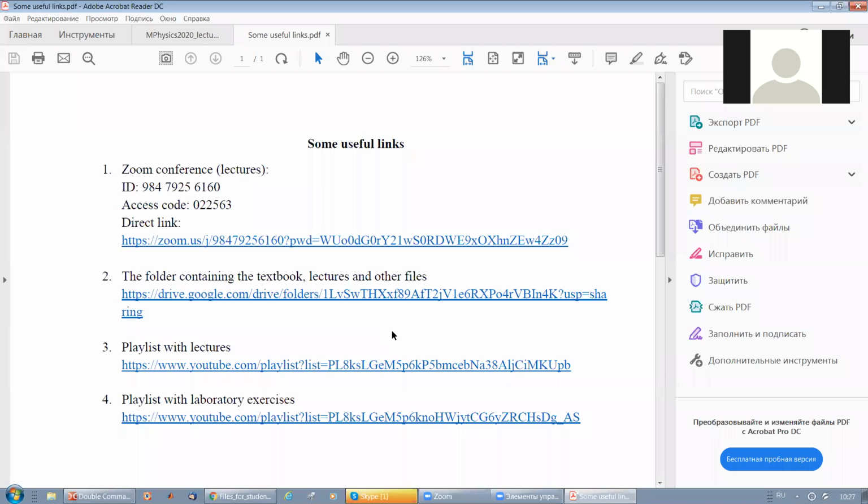You have a PDF with data. You should fill empty cells in the tables and send it back in the form of PDF or Excel or some other form. There are three laboratories, and that means we have three reports: one for the laboratory of mechanics, another for molecular physics, and another one for electricity.